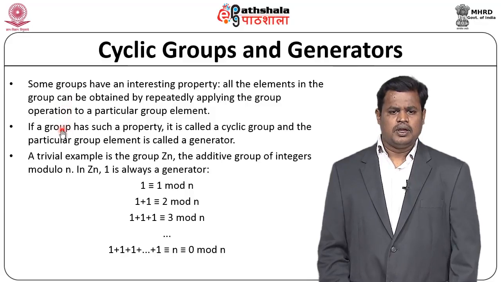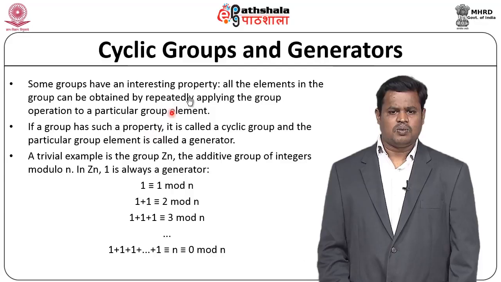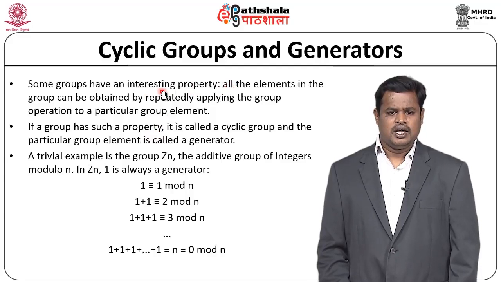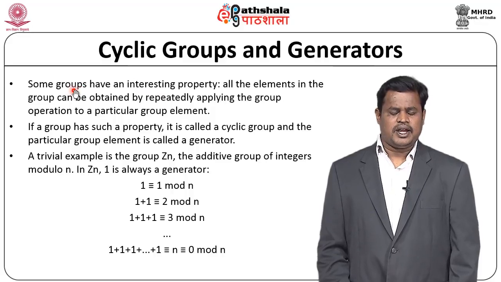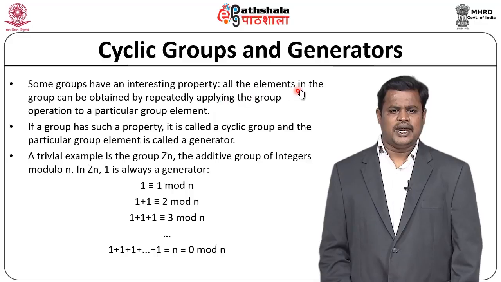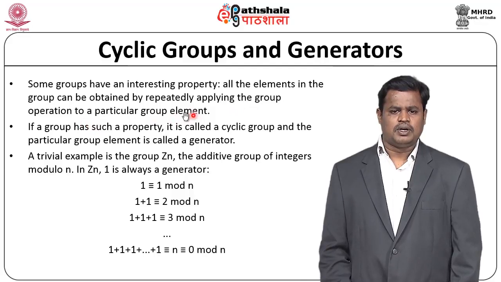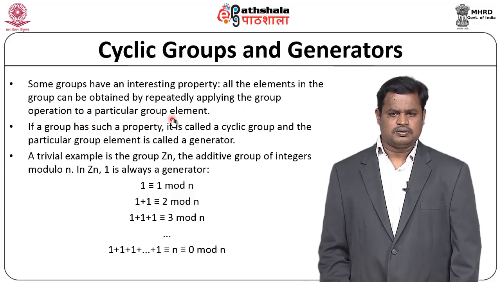So, now if a group has such a property, what is the property here? It is an additional property that only some groups have: all the elements in the group can be obtained by repeatedly applying the group operation to a particular group element. So, that is what we need to understand.